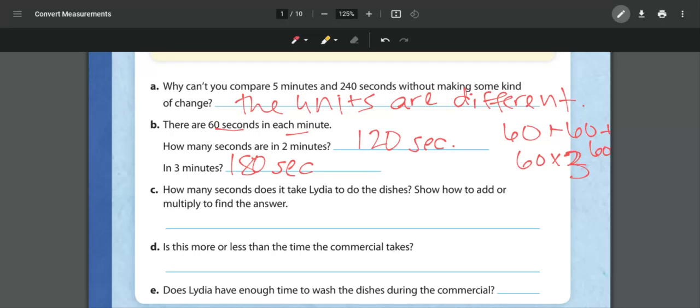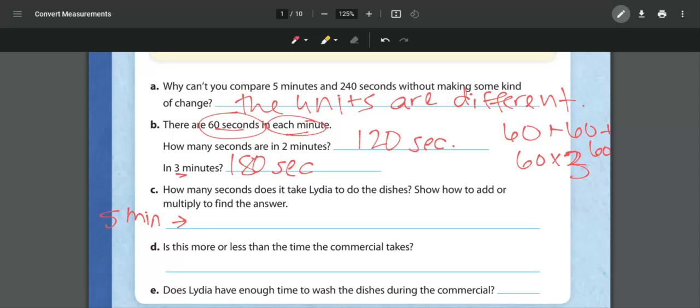So letter C says, how many seconds does it take Lydia to do the dishes? Show how to add or multiply to find the answer. So it took her 5 minutes. But if we know that 1 minute is 60 seconds and we have 5 minutes, that's going to be 5 60s, right?